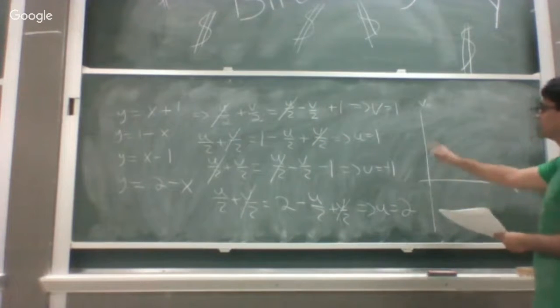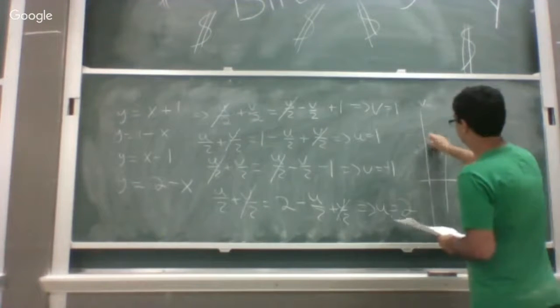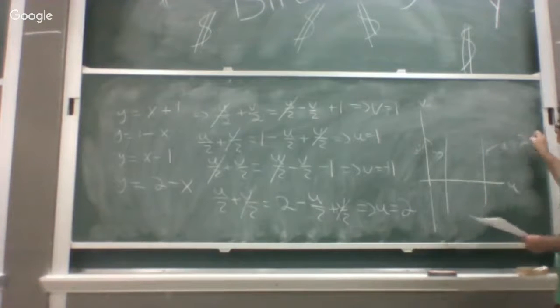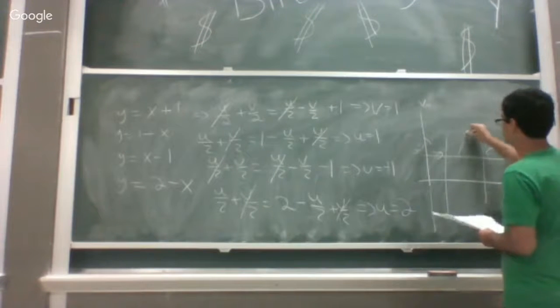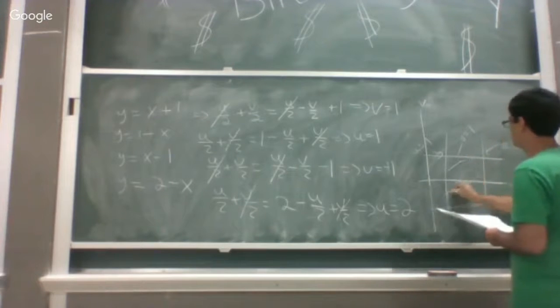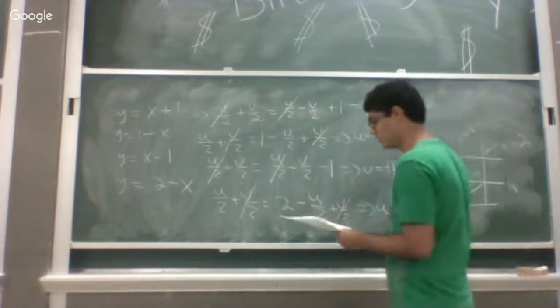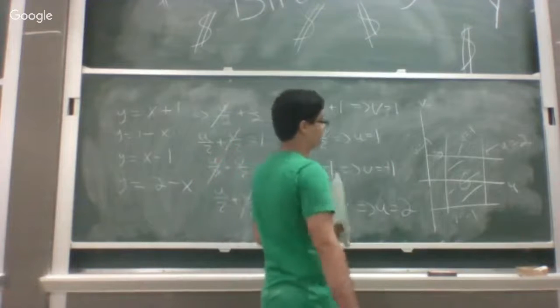So u is between 1 and 2. v is between 1 and negative 1. And this is our region G. So we are going to evaluate the integral for the region G, and we do have a function y squared minus x squared.